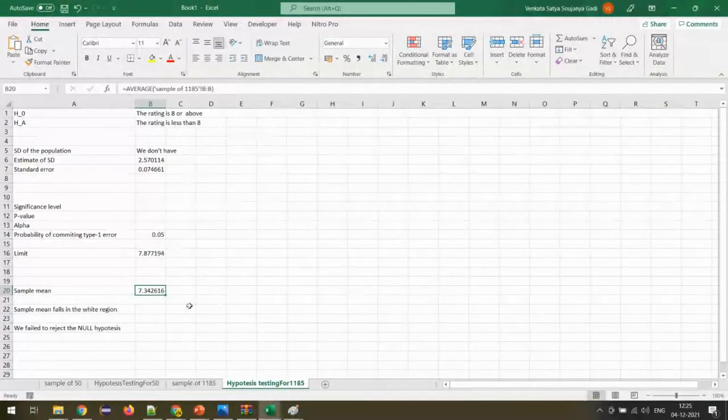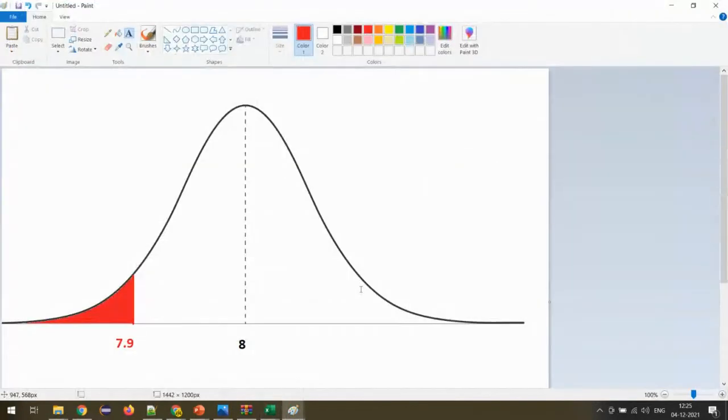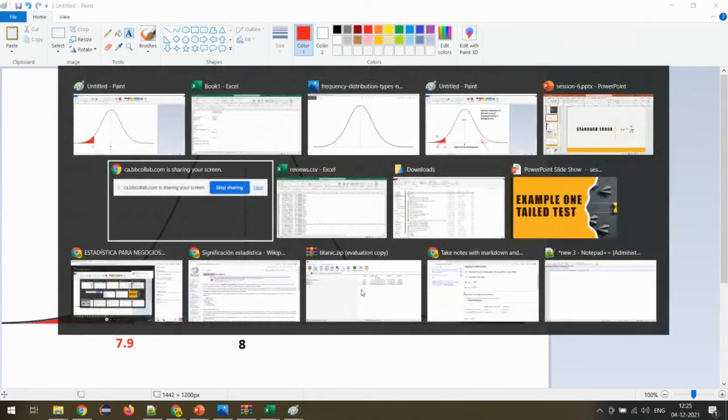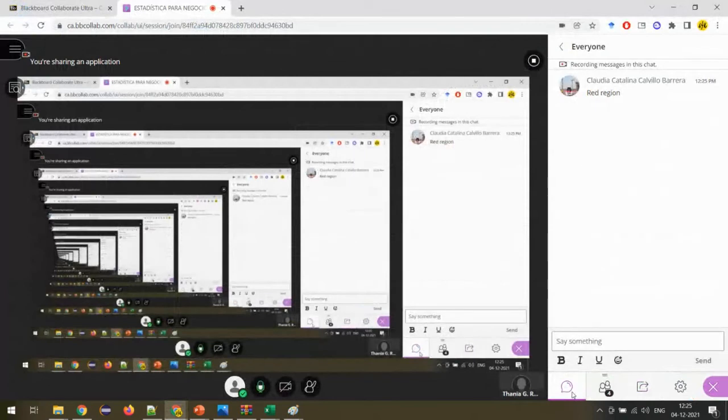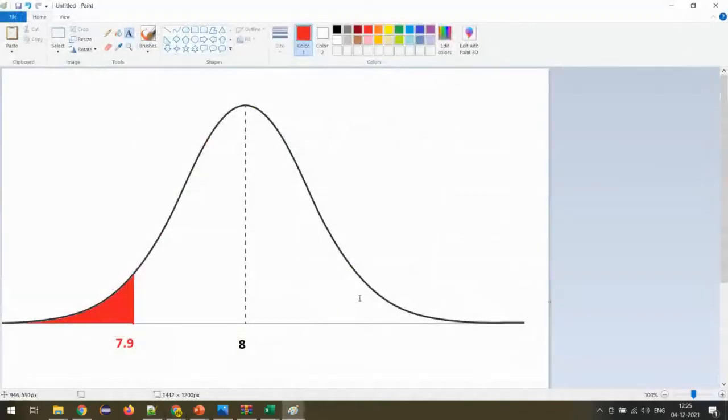I just changed the values to the new information. So I got the sample mean of 7.3. Where does the 7.3 go? In the red region or in the white region? In the red region, right? Very good. Yes, because it is somewhere here, so it is in the red region. So if it is in the red region, what are we going to do?